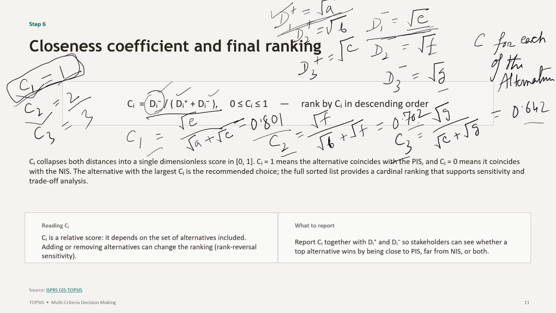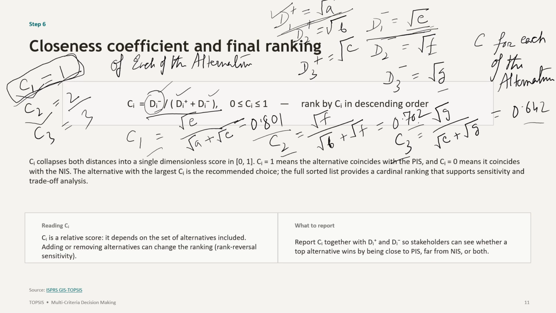And to find the closeness coefficient of each of the alternatives, remember, this is a very common confusion: the closeness coefficient is to be calculated for each of the alternatives, that is C_i. How to calculate? D_i superscript minus, that means the negative ideal solution deductions, divided by the summation of the positive ideal solution deduction and negative ideal solution deduction.